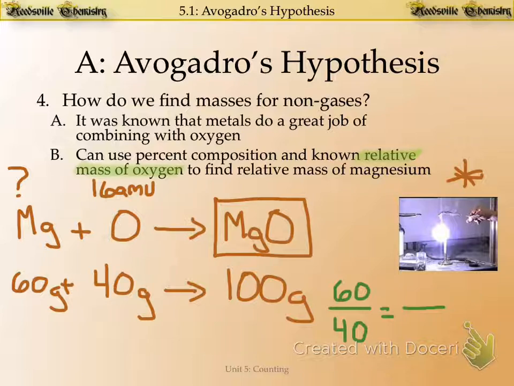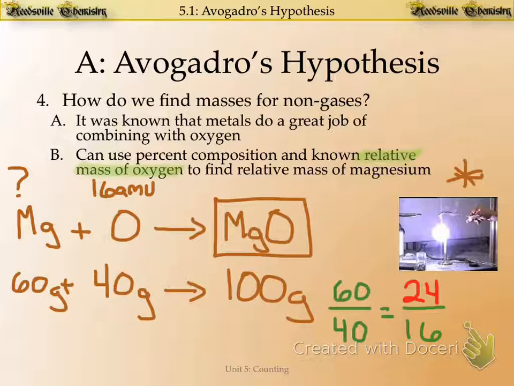Well, we can relate that to the masses of each one of the materials. Oxygen has a relative mass of 16. So now we have to solve for the numerator, solve for x. And if you do that on your calculators, you're going to find that you get 24. And go ahead, get the periodic table. See if you can find 24. I bet you do.